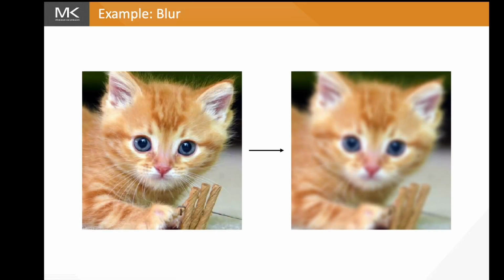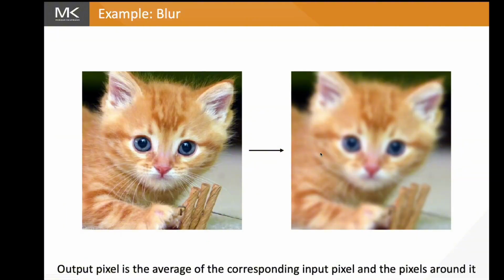All right, so let's continue with the next example, which is the image blurring example. Basically in this example, we have an image stored in a two-dimensional array, and we want to blur this image. There are many ways to blur an image, but one simple way is, for each output pixel in the output image, to compute the average of the corresponding input pixel and some pixels around that pixel, right?